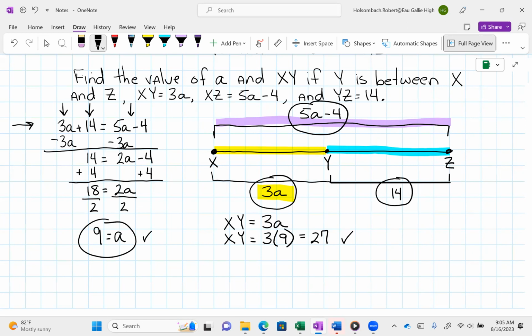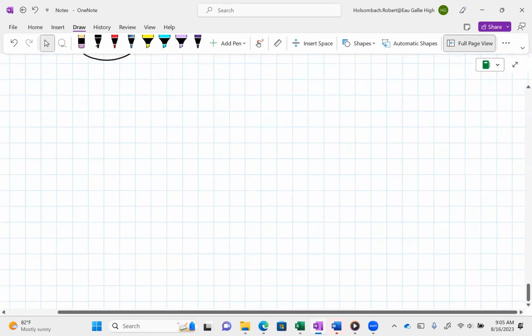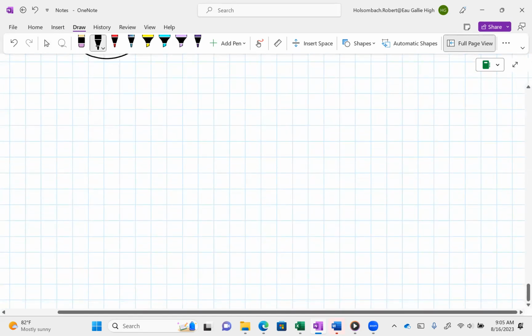All right, so look at the guided practice down there below that. Let's try another one. We're going to find x and BC.